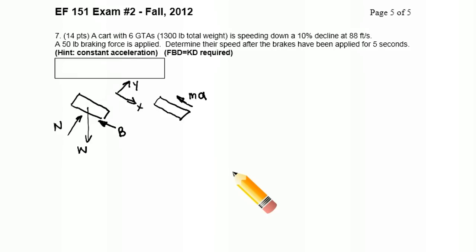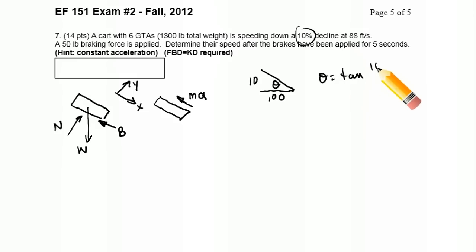Okay, let's see. We're also given information about the decline, so let's work with that first. A 10% decline means it's 10 over 100, so theta is inverse tangent 10 over 100.